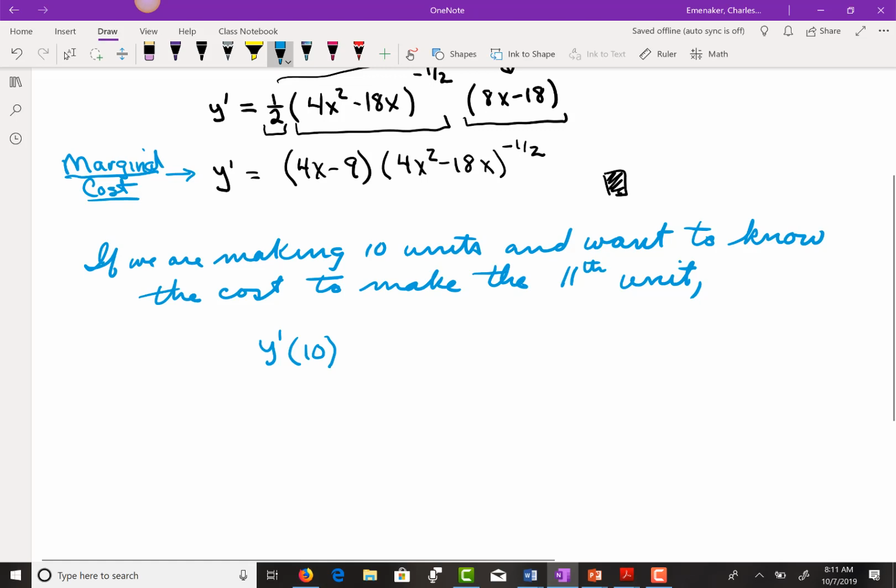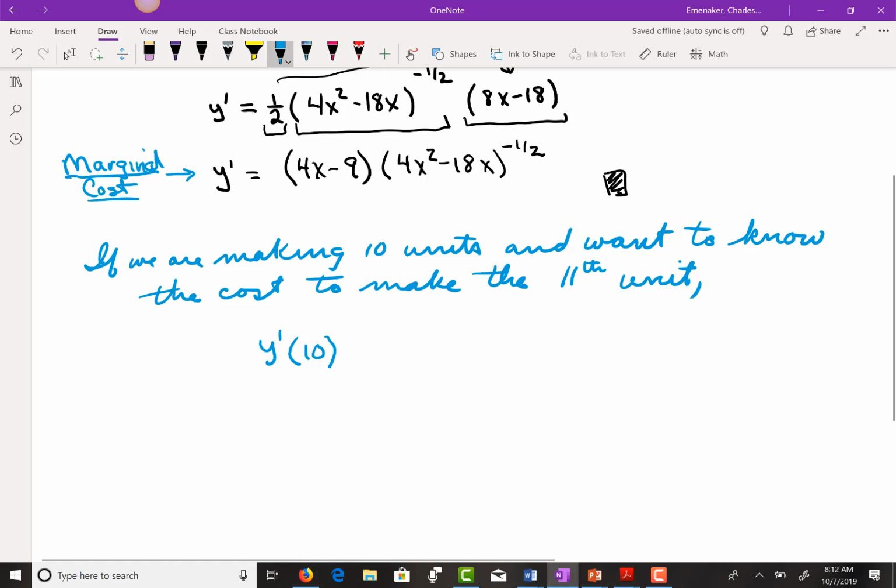Because what this slope does is it tells you how much of an increase you have from 10 to 11, which is the marginal cost. How much additional cost is there to make an 11th? Well, the slope at 10 tells you how far up you've got to go to get to 11, doesn't it? Which is really what we're asking here in another way.